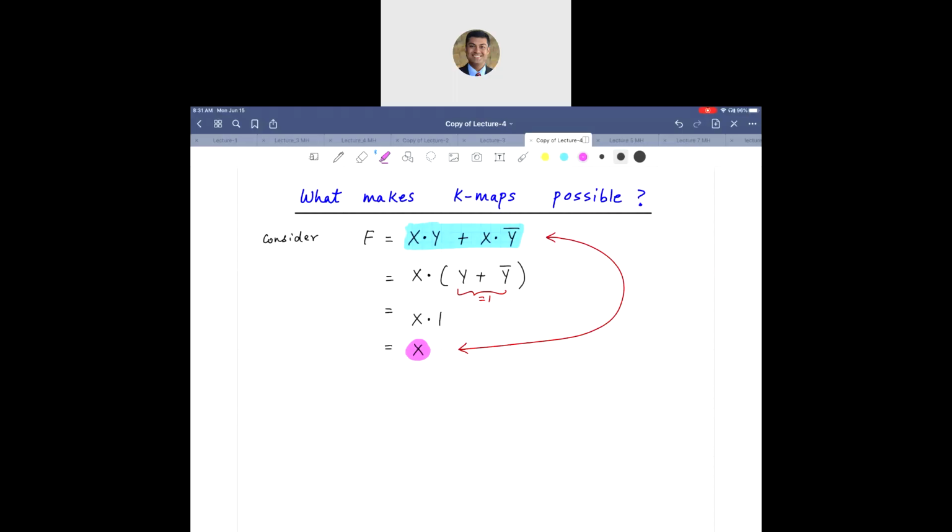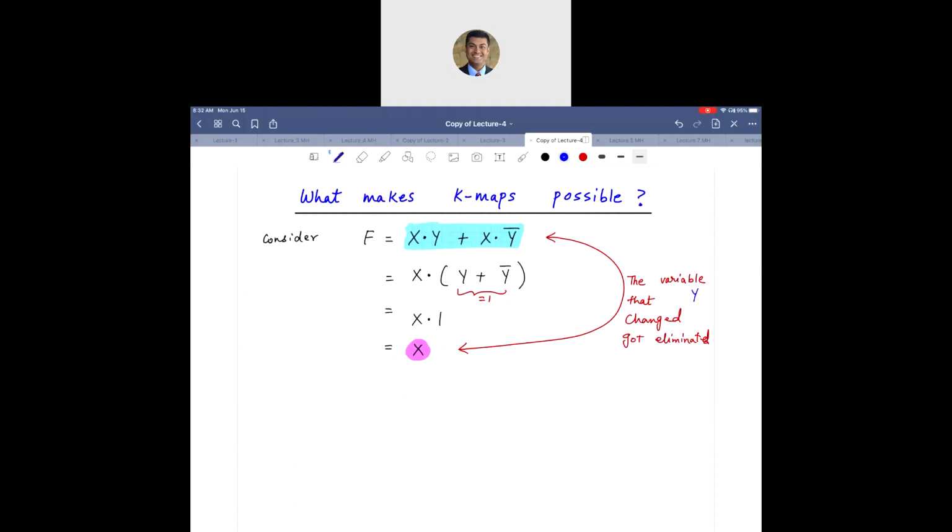Now, if I wanted to summarize this into one statement, I could probably say the variable that changed got eliminated. And in this case, the variable was y.